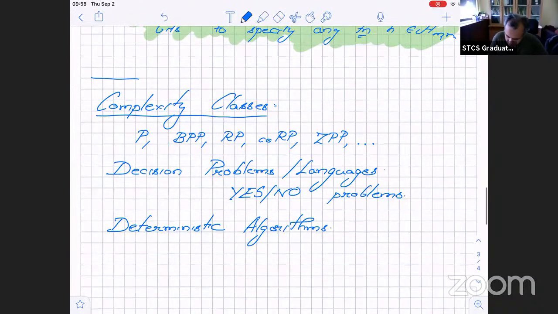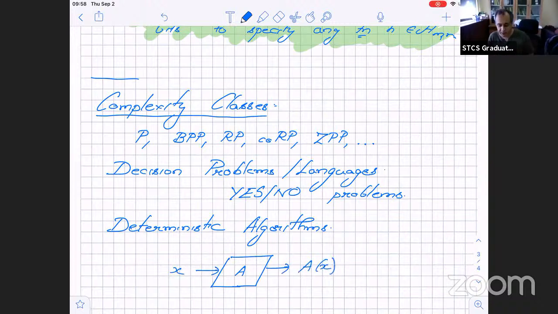An algorithm is just some sort of computation which takes an input X and is going to output A of X. We are talking about languages, so A of X is either yes or no, or sometimes this is said as accepting or rejecting.